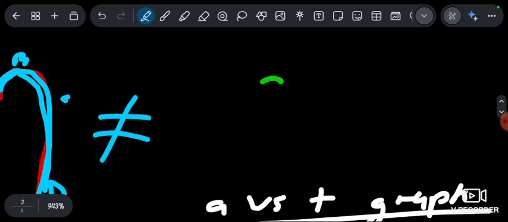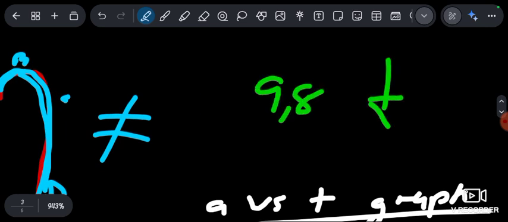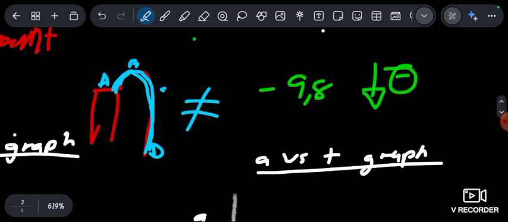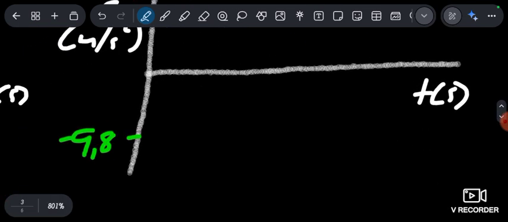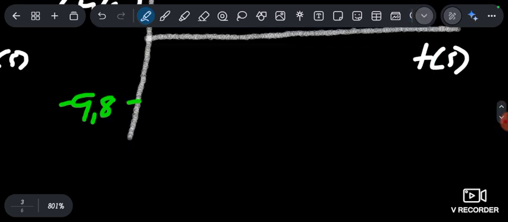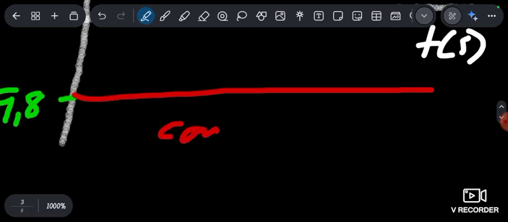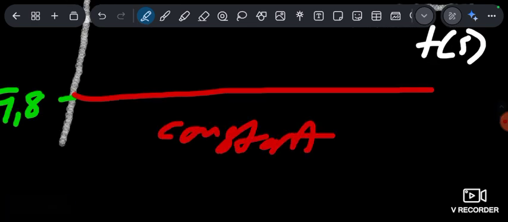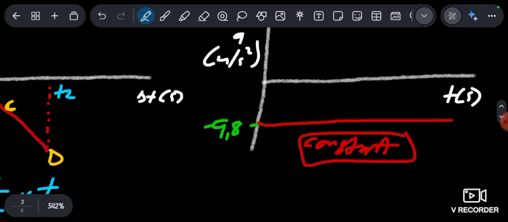Because 9,8 always goes where? Downwards. But we chose downward as negative. So 9,8 should be negative. So what we're going to do over here, let me remove that. We're going to have a straight line over here, because the acceleration stays what? Constant. I said to you, it stays constant. It doesn't change, right?